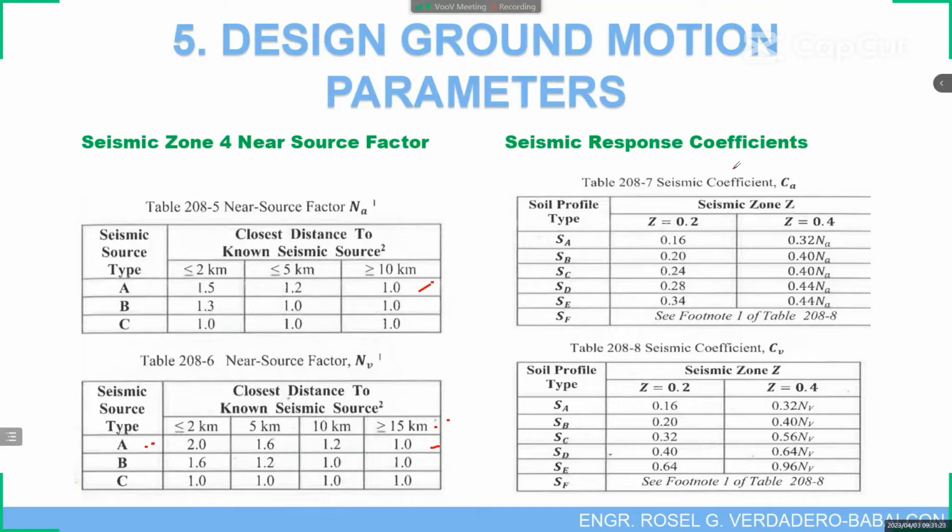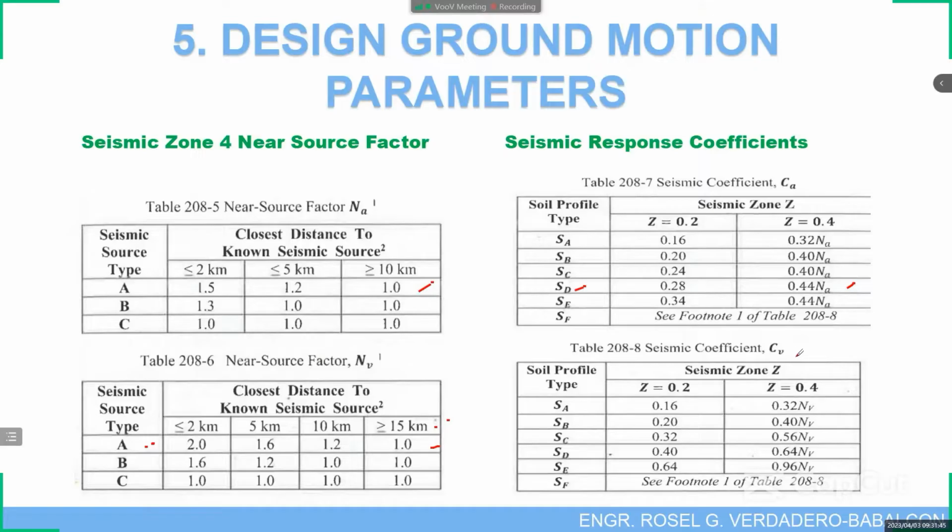For the seismic coefficient Ca, let's say we have identified our soil as soil profile type SD. We are in zone 4, therefore our Ca value is equal to 0.44 Na, or 0.44 times 1, which is equal to 0.44.